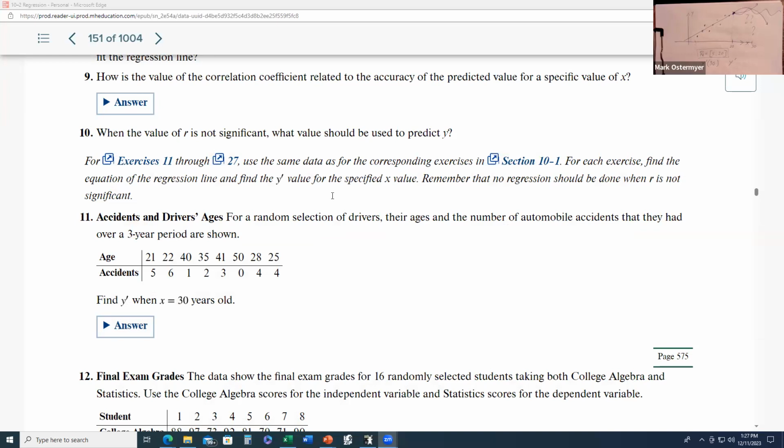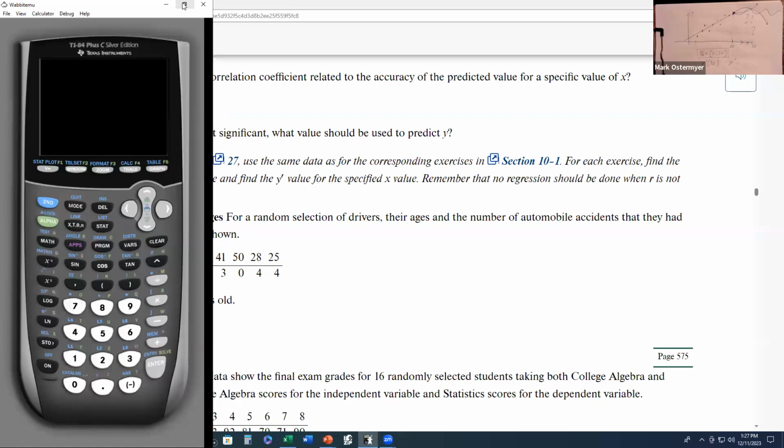All right, so for number 11, let's take a look here. You can do this on your calculator.